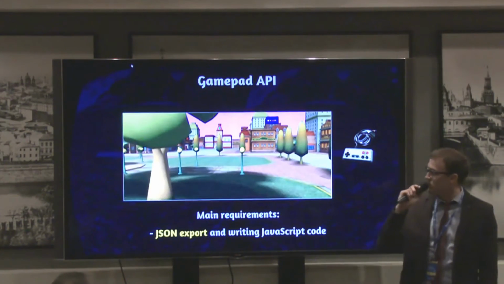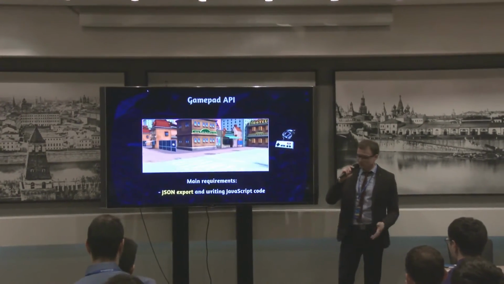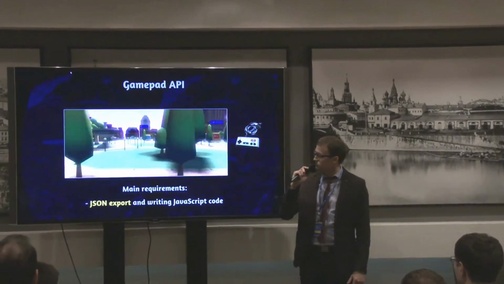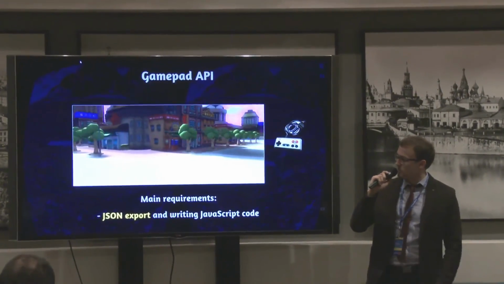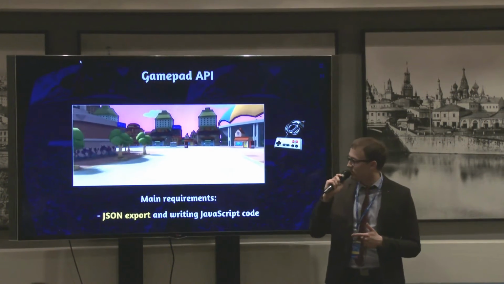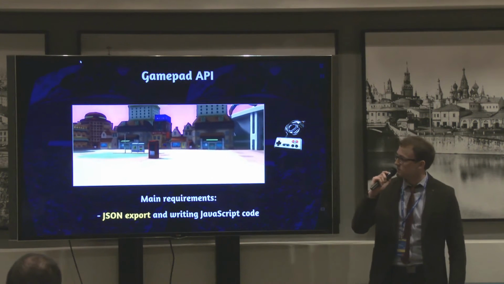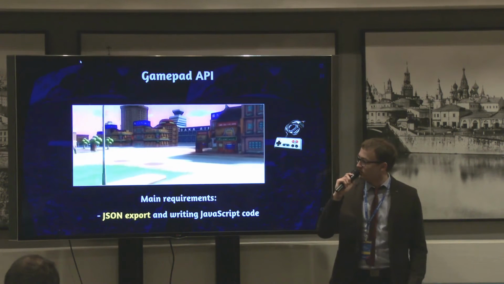You can use our sensor system to control it. There are two types of sensors based on Gamepad API: the button sensor and the axis sensor. Our sensor system is easier to use than Gamepad API.